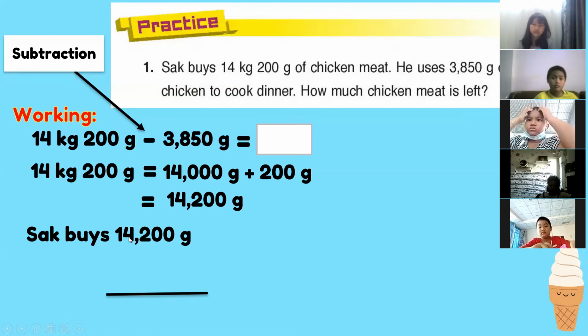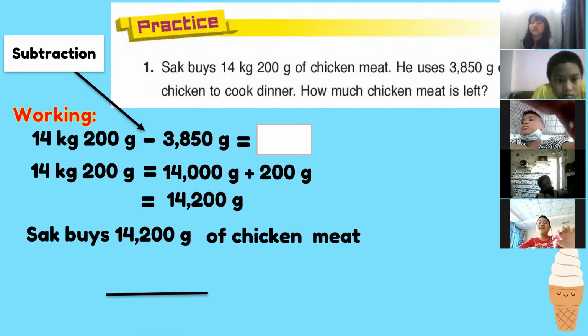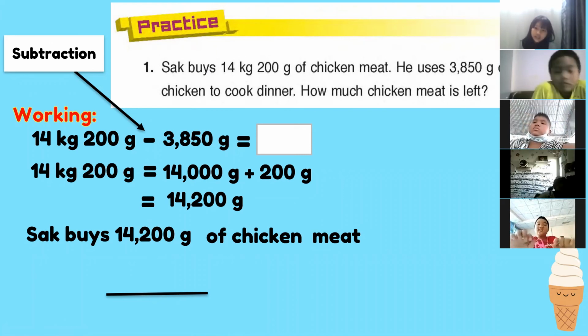Stack by 4,200 gram of chicken meat in the problem. Look at the problem, Nudi, right? It's the same, but this time it's gram, not kilogram, because you cannot plus kilogram plus gram. You need to have the same, gram plus gram. Okay.